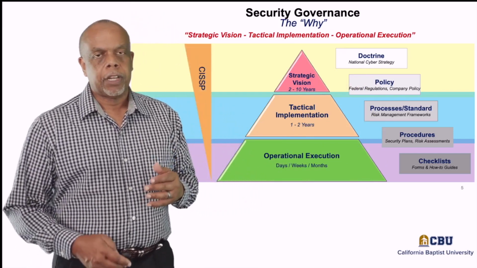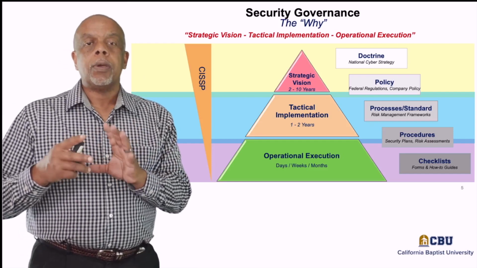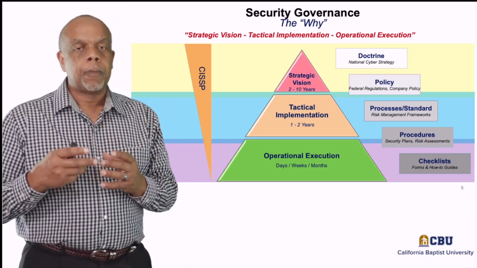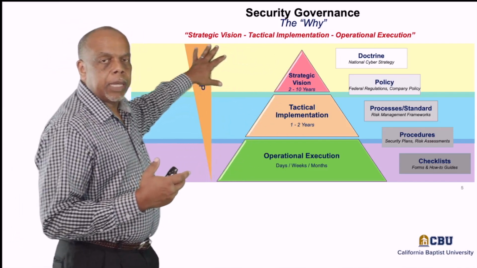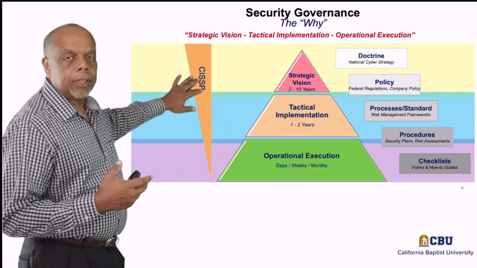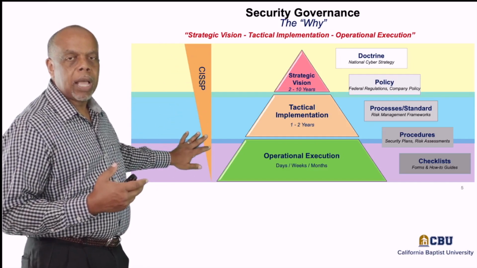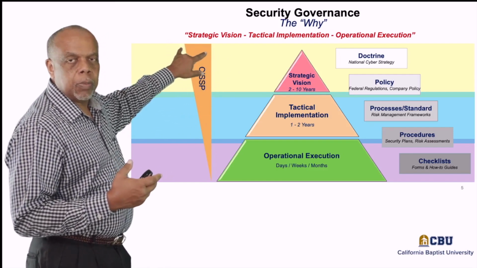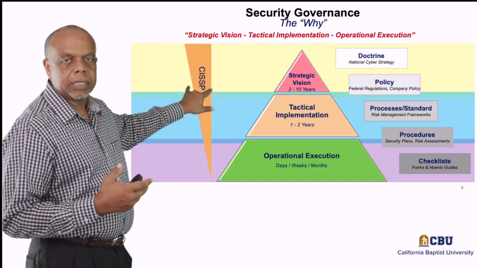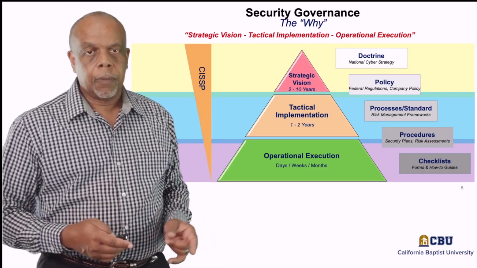Now, from this class perspective, when we look at the different certifications that we do, so when I think about that CISSP, I am looking at a much higher level of a certification, where now I'm looking more at policy, doctrine, and processes, right? As you see, it's much heavier at the doctrine policy level than it is at the operational execution level.